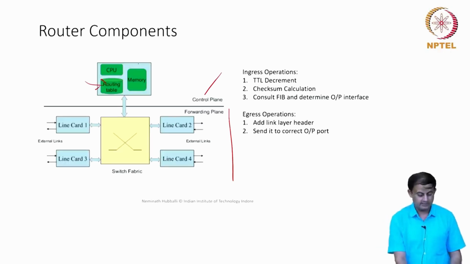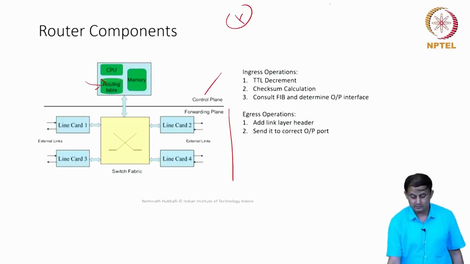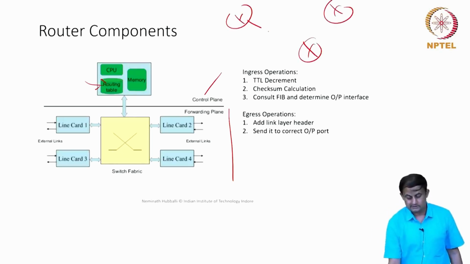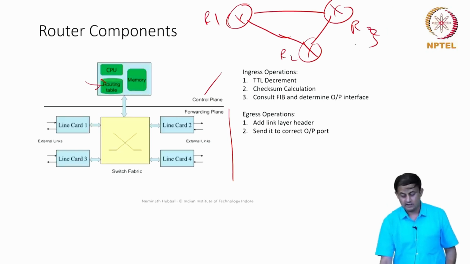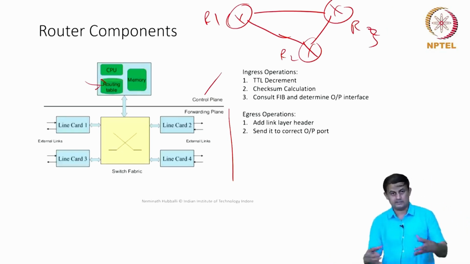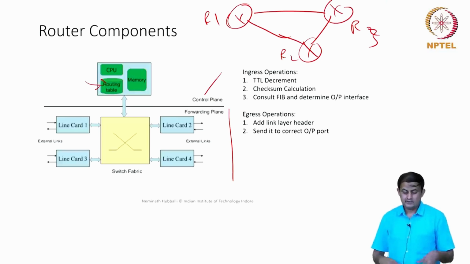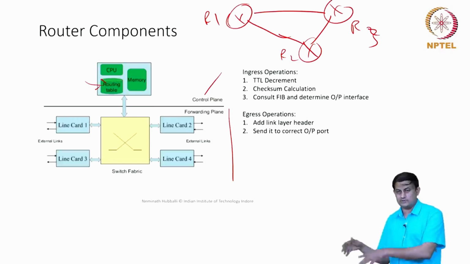So I have a memory and CPU, and typically every router keeps exchanging information, the routing updates, with its peers. So R1 sends its routing table to R2, R2 sends to R3, R3 sends to R1, R1 sends to R3, and they keep exchanging this information, which tells them whether they have connectivity to this prefix or that prefix.